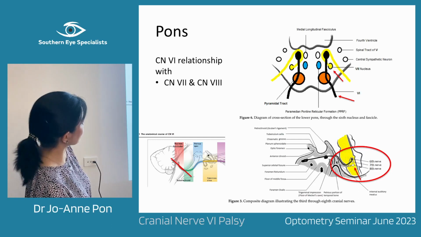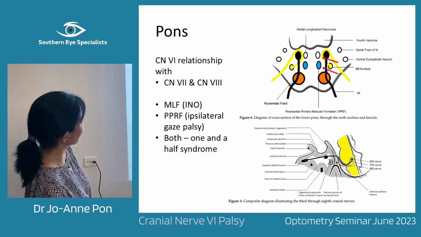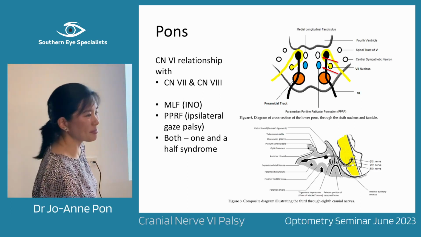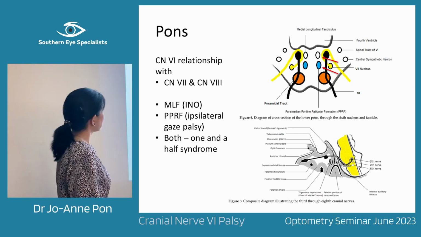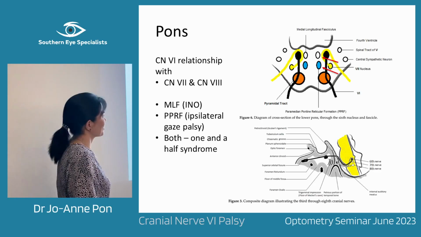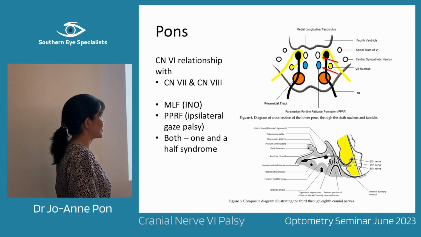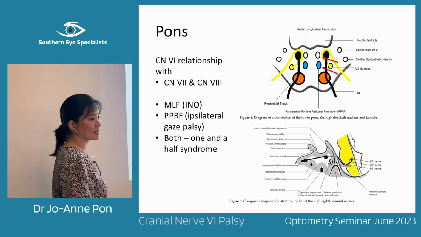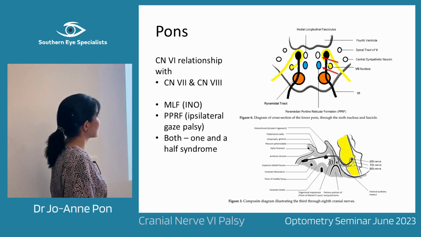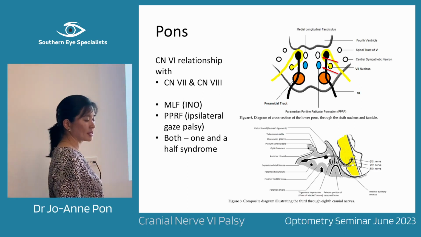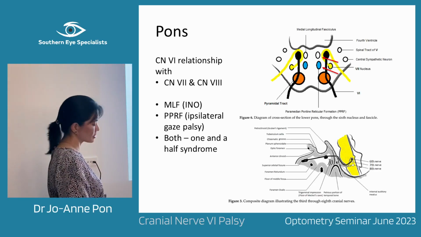These parts of the brain are probably parts that most of us want to run a mile from when you start to hear about the medial longitudinal fasciculus and the paramedian pontine reticular formation, but they affect us because we would see them. If the MLF is involved, then you'll get the adduction deficit on the same side and the abducting nystagmus.